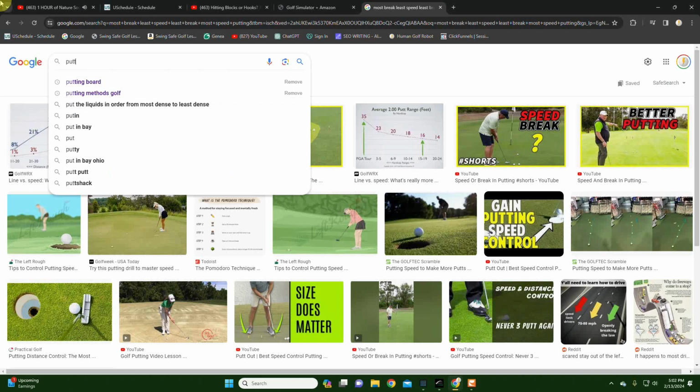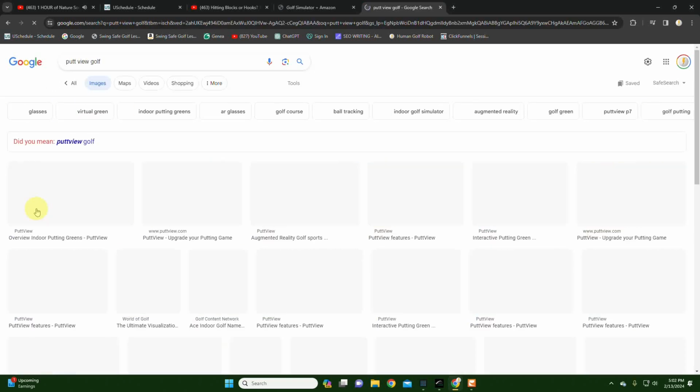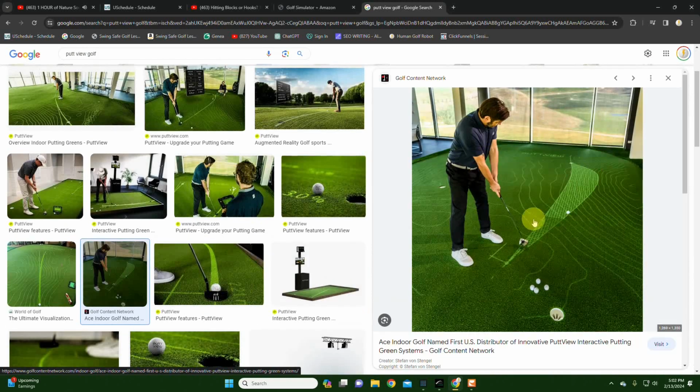I think PuttView might have it. Yes. See this putt that's a breaking putt. You could make this putt on the most break with the least amount of speed where the ball just barely makes it to the hole. Or you could make the putt on the lower line with more speed and less break. So every breaking putt, there's a range that you can make the putt in. Are you with me?